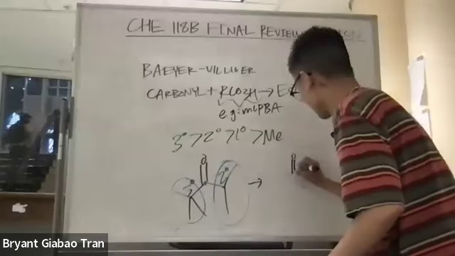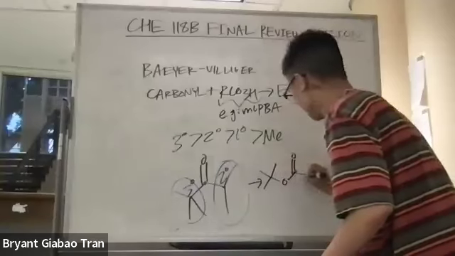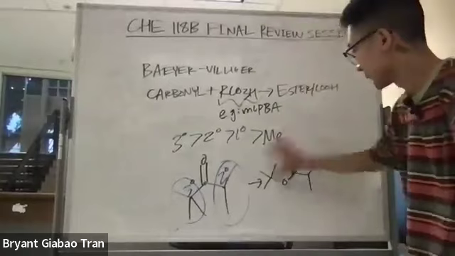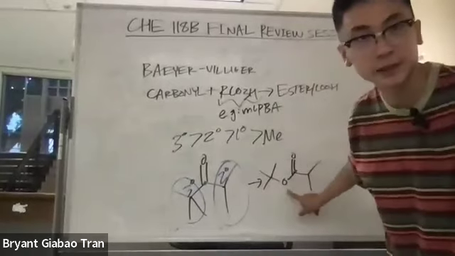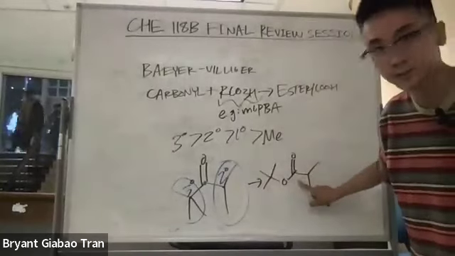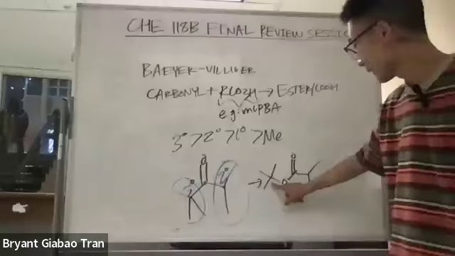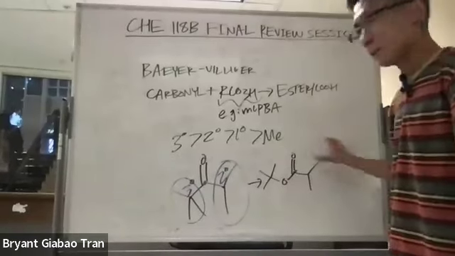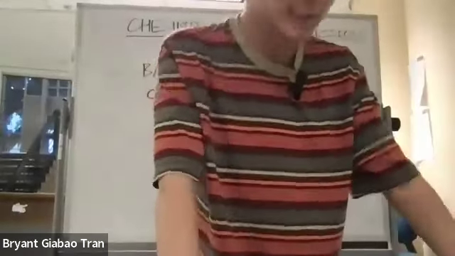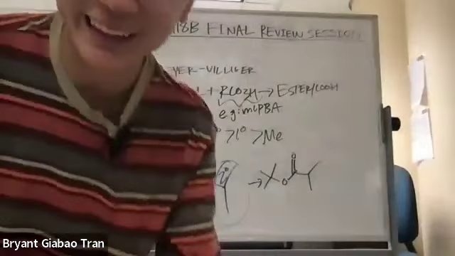So this is the product we get right here, the ester, where that oxygen is the new atom in that molecule, inserted between that carbonyl carbon and that tertiary carbon group. I highly doubt the mechanism of this reaction is going to be tested, so let's just skip that, unless you guys want to go over that.